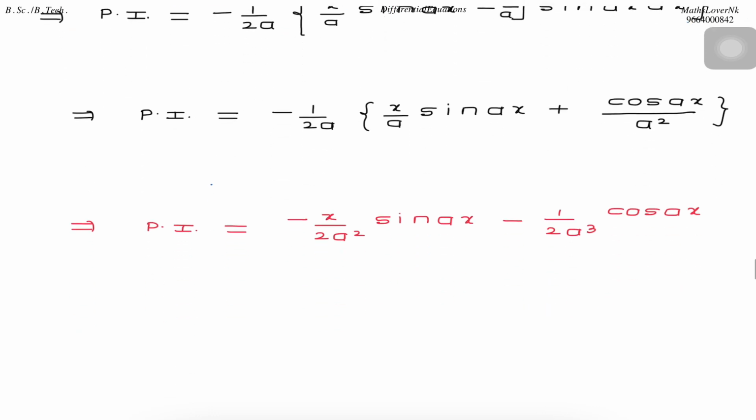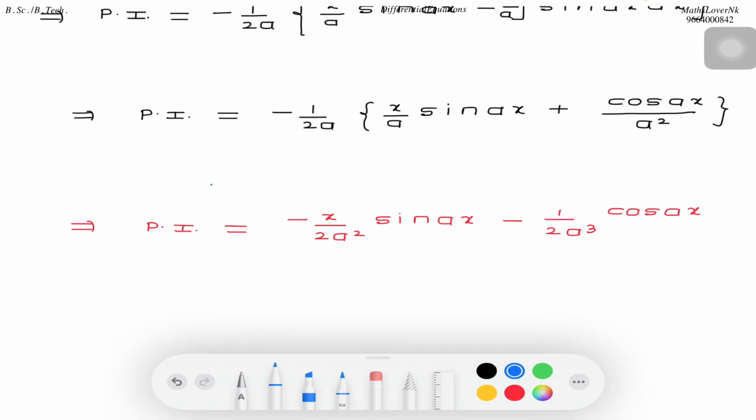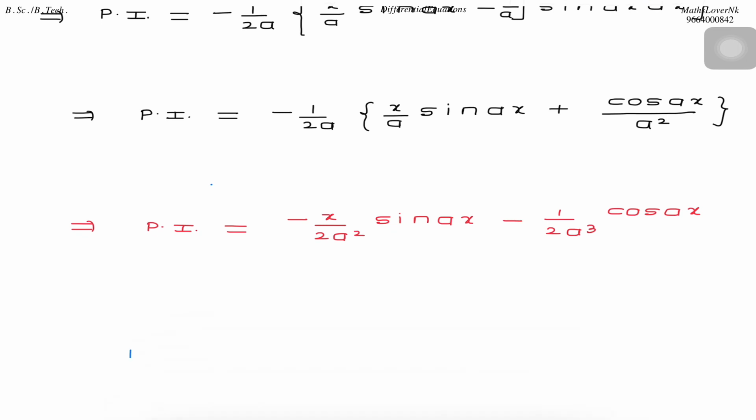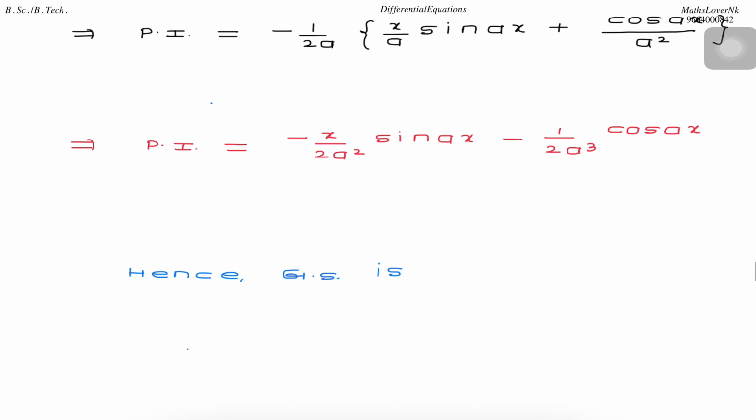Now the general solution is given by, hence, GS stands for general solution. We know that the general solution is given by y = CF + PI, where CF stands for complementary function and PI stands for particular integral.